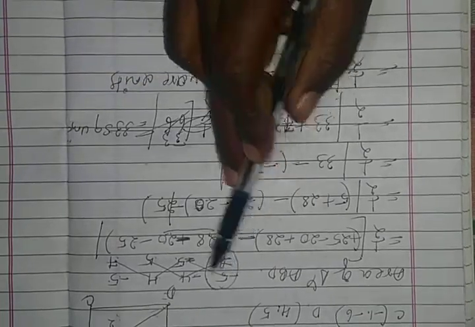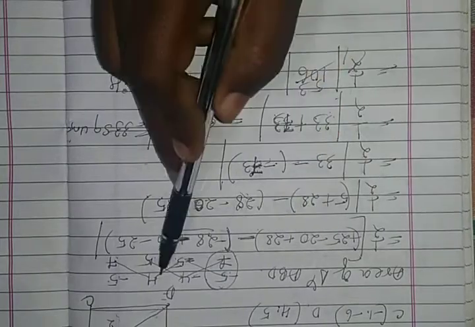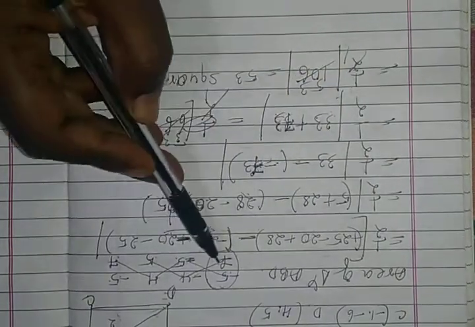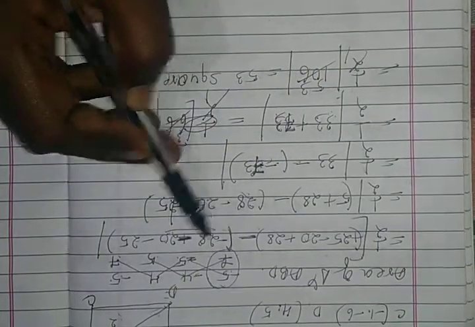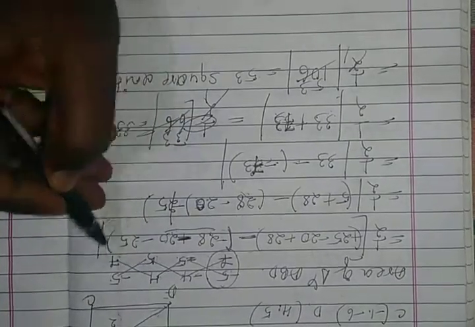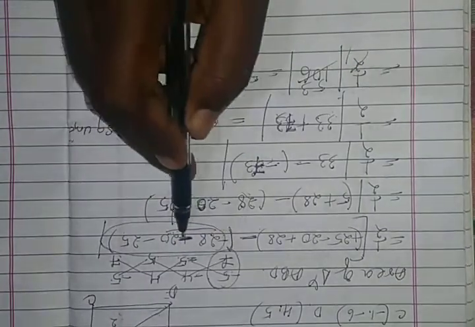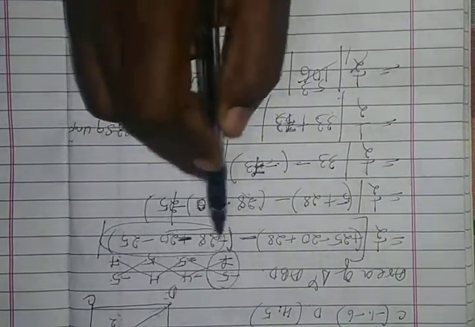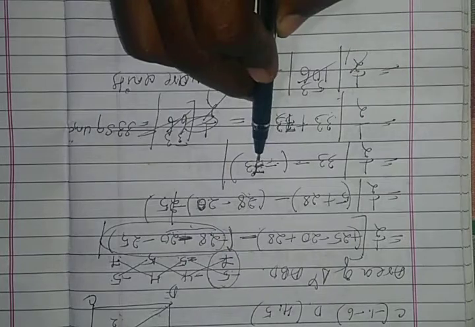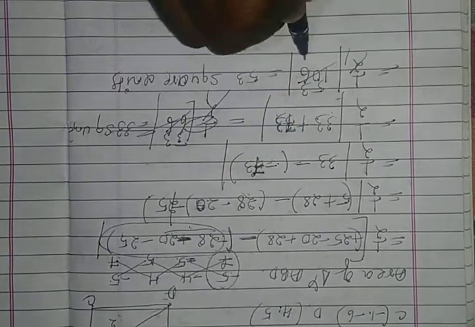Once again, minus 4 into 5 is minus 20, 4 7s are 28, 7 4s are 28, minus 28, minus 5 into 4 is minus 20, 5 into 5 is minus 25. So all the numbers are minus, so we have to add all the three numbers, that is minus 73. Minus into minus is plus. 73 plus 33 is 106, like that.